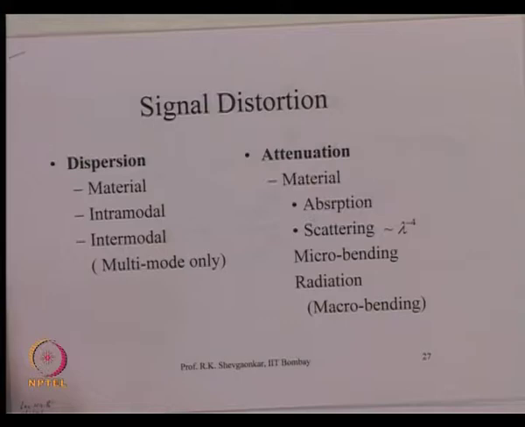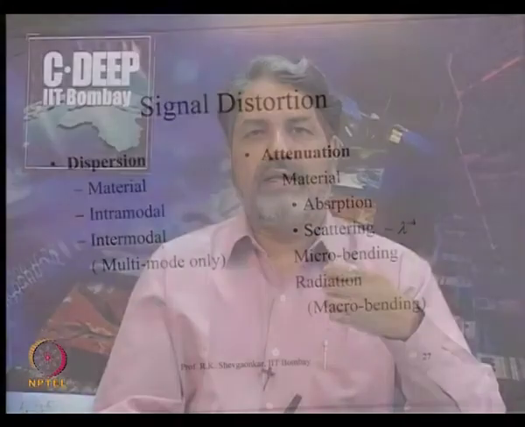And the Rayleigh scattering is a very strong function of the wavelength. The Rayleigh scattering goes as lambda to the power minus 4. That means for every doubling of wavelength, the Rayleigh scattering loss would reduce by a factor of 16. It is lambda to the power minus 4. Say the wavelength is doubled, it is 2 to the power minus 4.